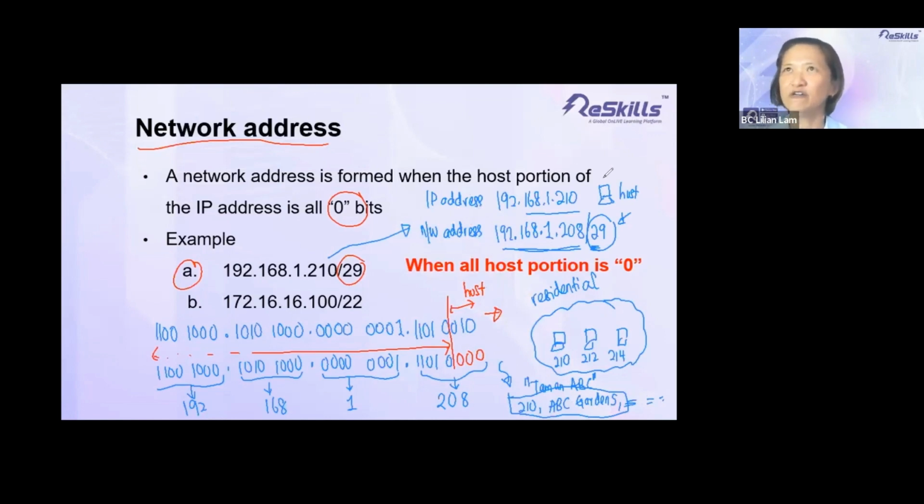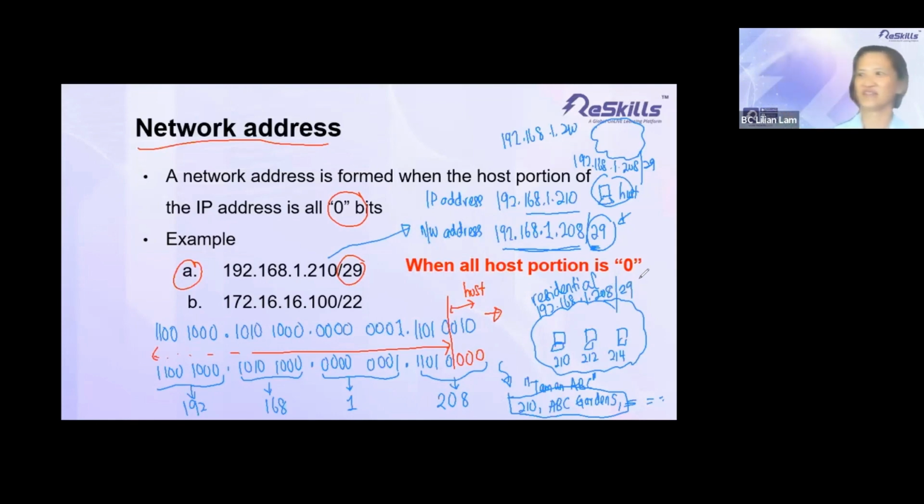So for a network node or a host, we have a host address which is actually 192.168.1.210, and it resides in the network which is 192.168.1.208/29. So therefore, the Taman ABC or the ABC Gardens is 192.168.1.208/29.